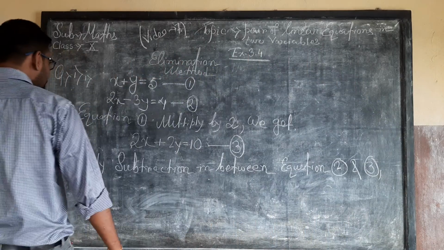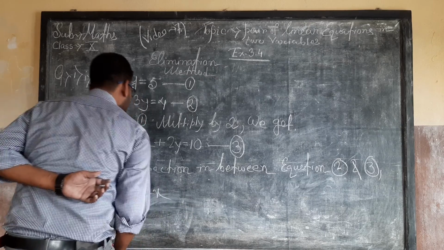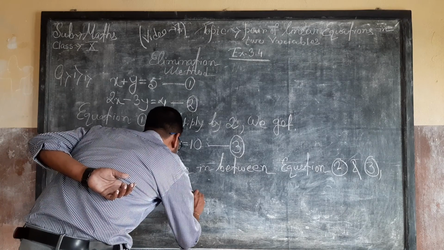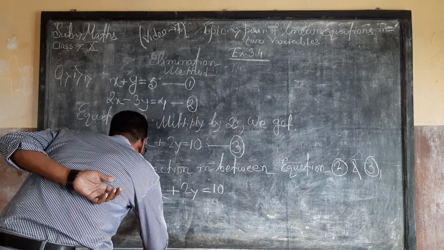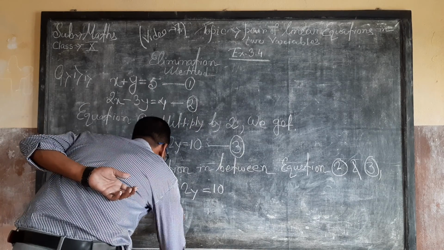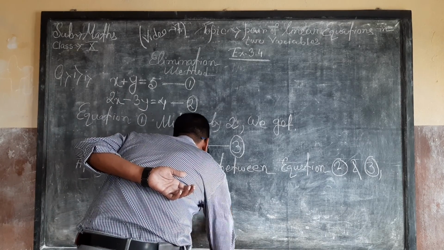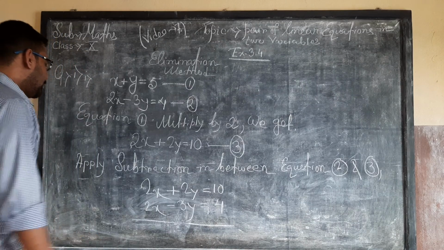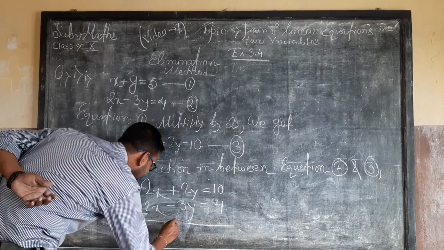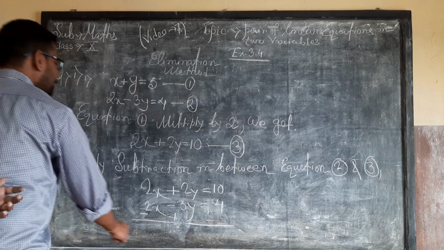Okay, so 2x plus 2y is equal to 10, and 2x minus 3y is equal to 4. After applying subtraction between them, that means it is minus, it is plus, it is minus.